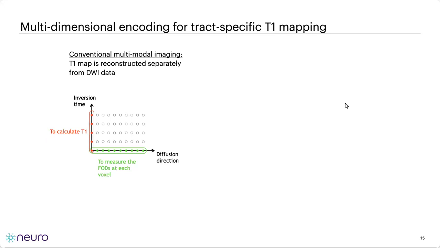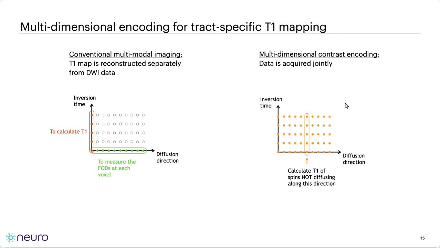So it's acquired separately, processed separately, and at the end you try to merge everything together. We're going to do the opposite. We're going to acquire this whole 2D plane of information. So it's as if we were doing a T1 relaxometry experiment for each diffusion encoding direction.